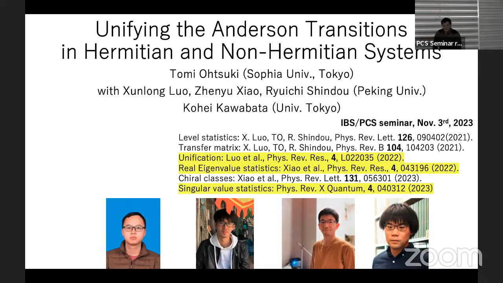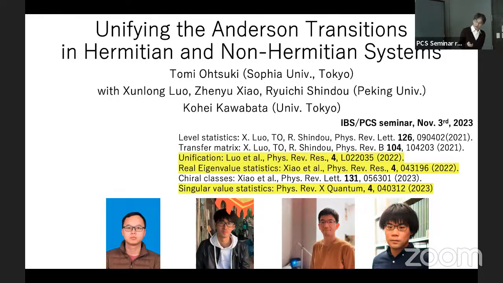First, I'd like to thank Alexei and Barbara for inviting me to this nice institute. The topic I'm going to talk about is mostly the Anderson transition in non-Hermitian systems, which have 38 symmetry classes.